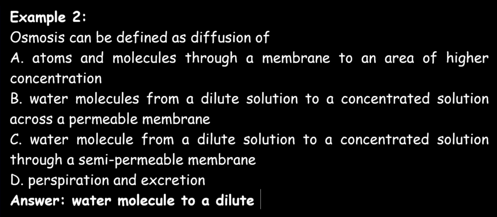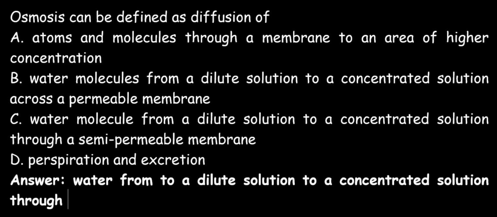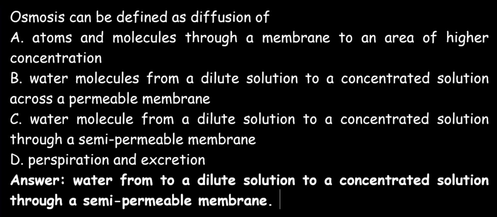The reason for this is that osmosis is actually the diffusion of water molecules from a dilute solution, that is, a solution with less solute concentration, to a concentrated solution, that is, a solution with more solute concentration. And this process happens through a semi-permeable membrane.